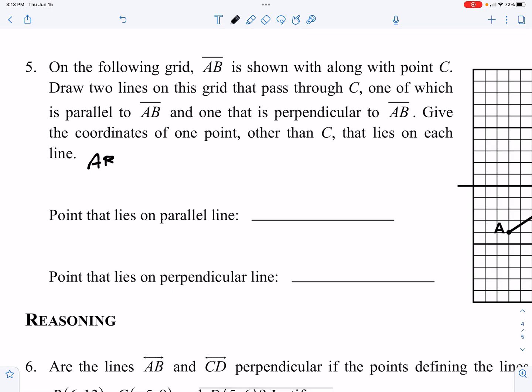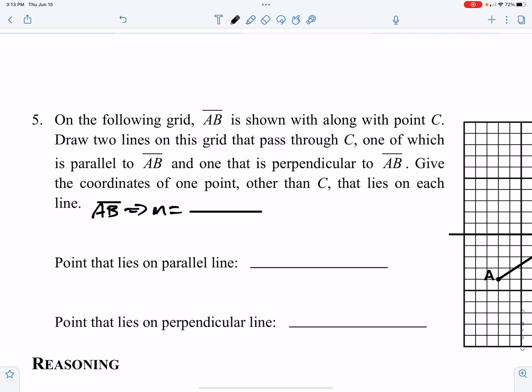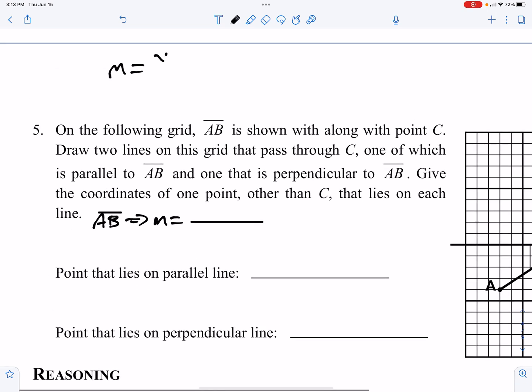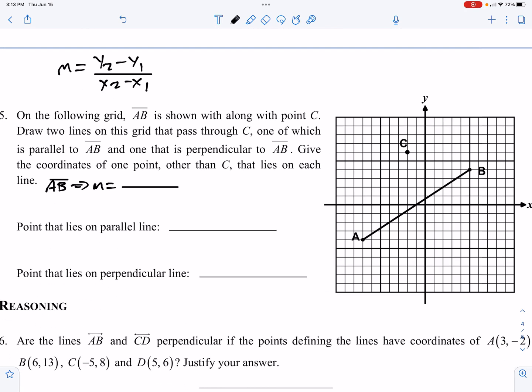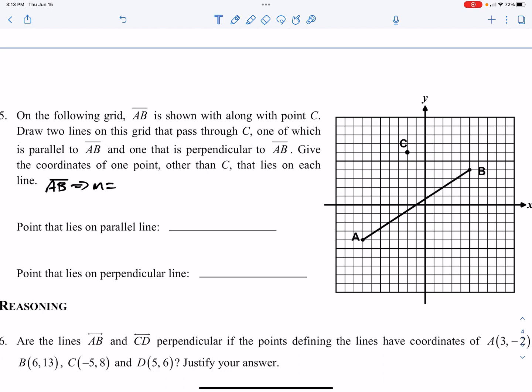So line segment AB, okay, the slope is, and we're using our slope equation. If you don't know it, write it down. Actually, no, we don't need to use our slope equation. I'm sorry, we have a graph. So let's just use our rise over run model. That'll be faster.